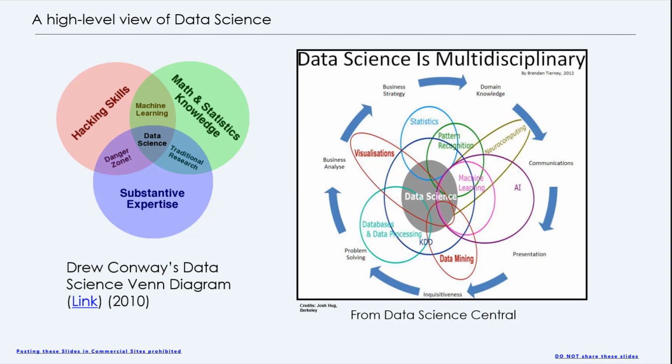And then math and statistics with some expertise create traditional research. And if you have hacking skills and expertise but don't have the math and statistics, that's a danger zone because you don't have the foundational theory that's necessary to be careful when you're writing models. So data science is really the cross between all of it. So it's very interesting and timely.